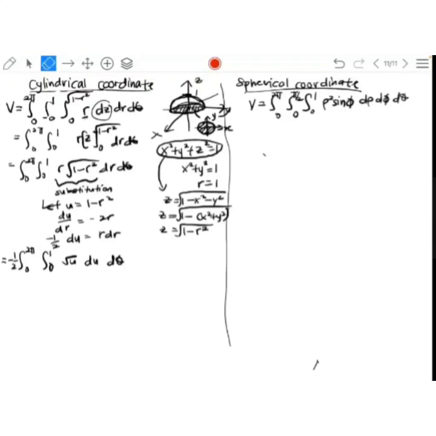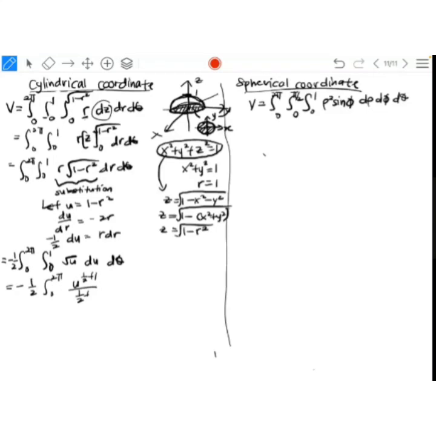So negative 1/2, 0 until 2 pi. The square root is the power of 1/2, so 1/2 plus 1. How to integrate the power?